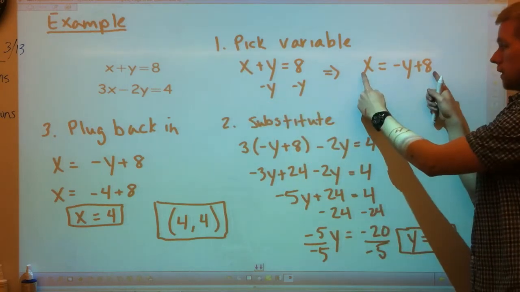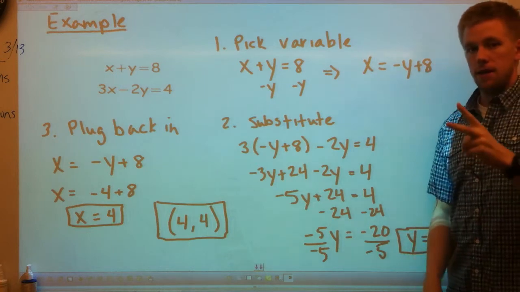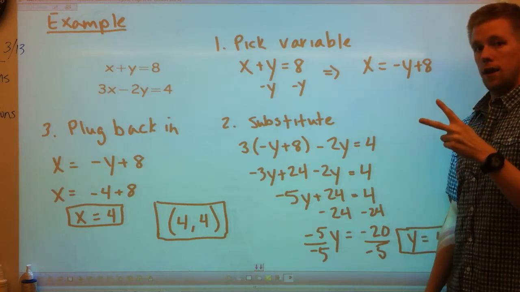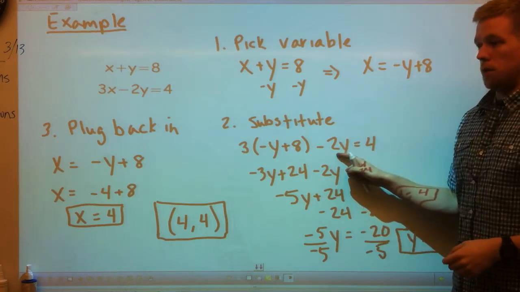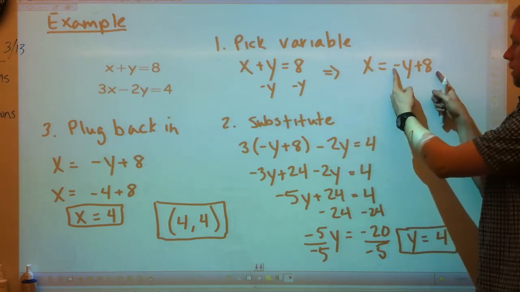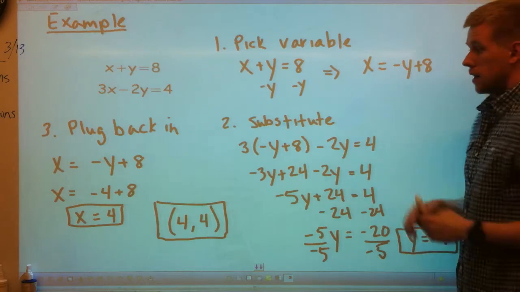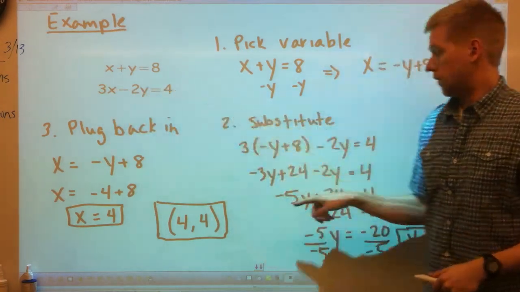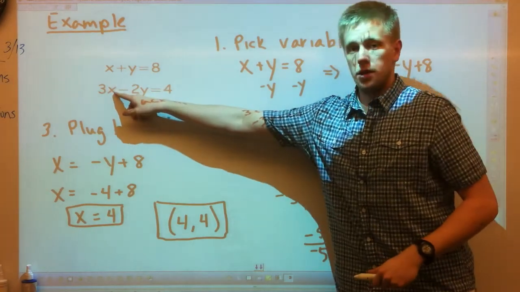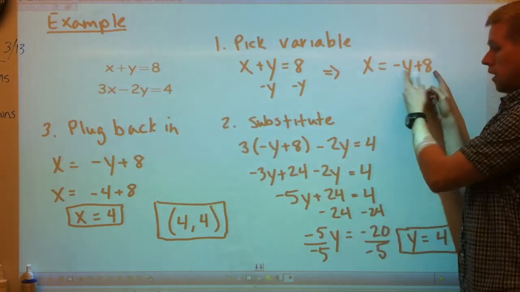That's what I wanted. I wanted to solve for one letter. So now that I have one letter, my second step is to substitute that one letter, whatever it was equal to, into the other part of the equation. So I have negative y plus 8 was equal to x. The other equation was 3x minus 2y equal to 4. If I have an x right here, I'm going to substitute what I solved for and plug it in.